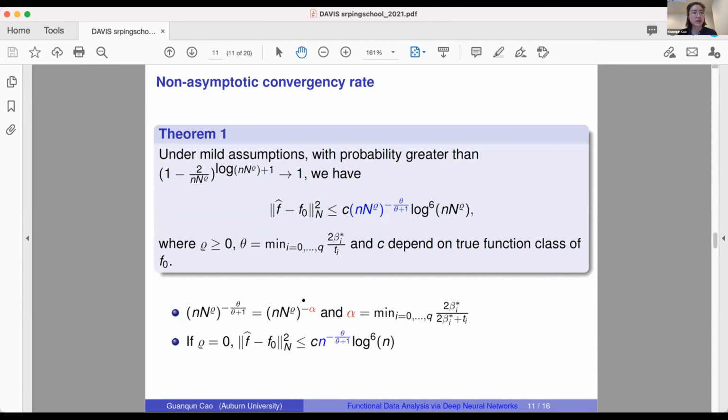We know that there are many other methods for dealing with imaging data in 2D or 3D. But in the context of functional data, to the best of our knowledge, there is no other available method also using the DNN method.